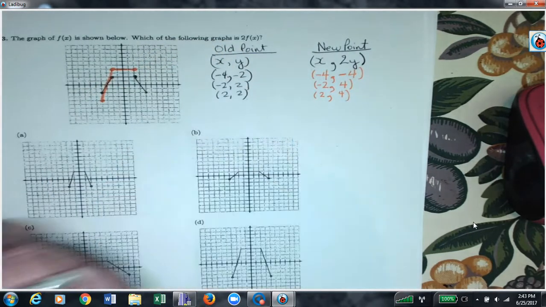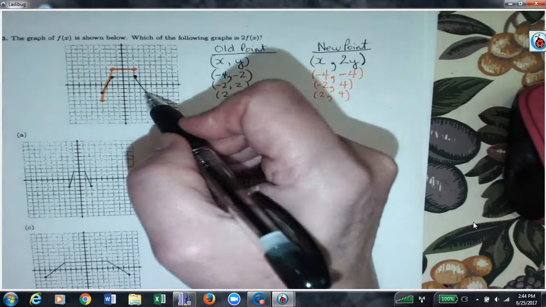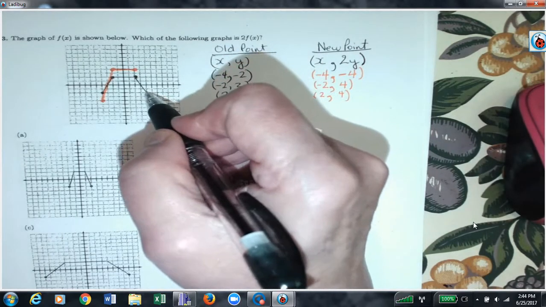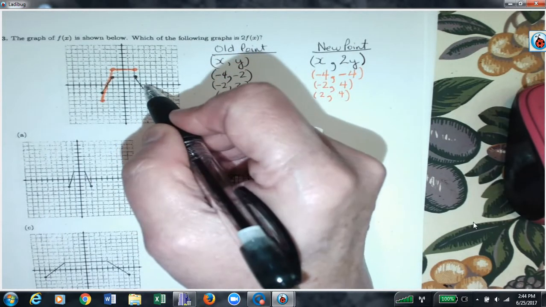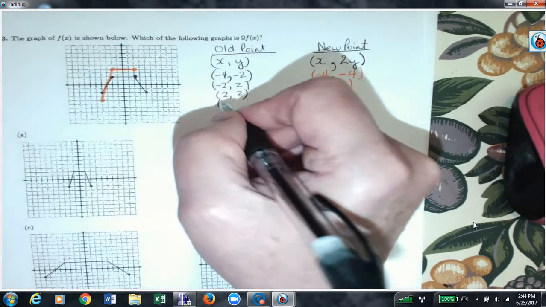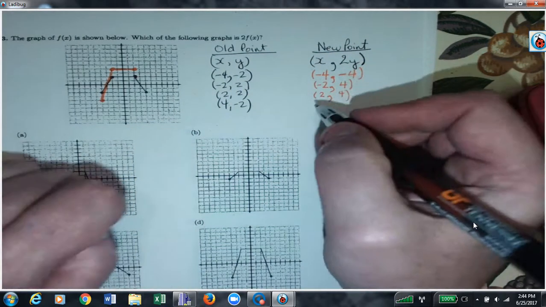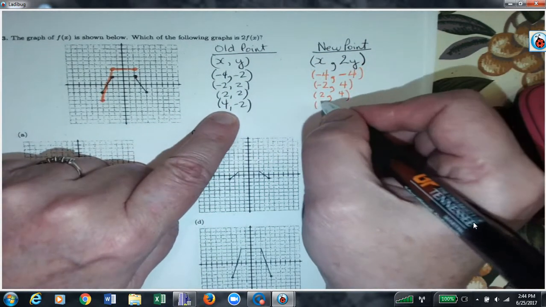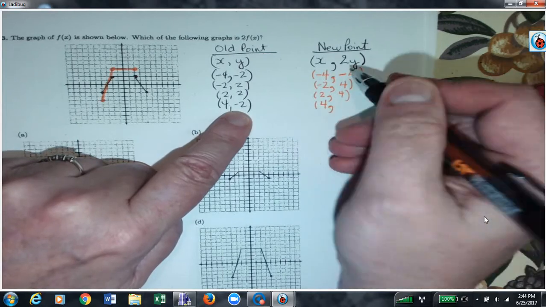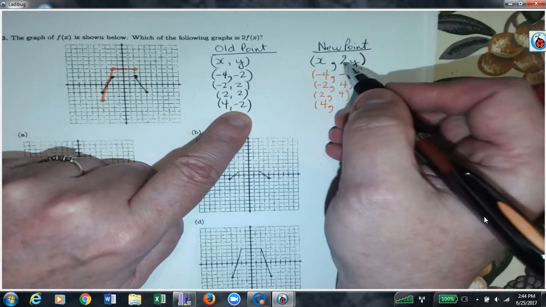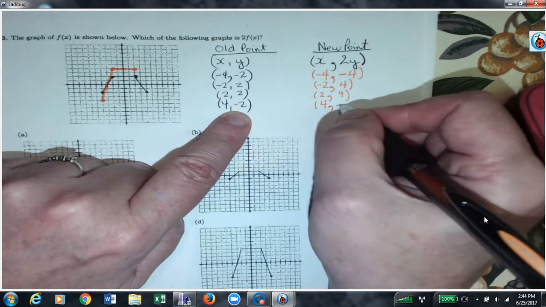And then finally, what are the coordinates of this point? 1, 2, 3, 4, comma, -2. So what will be the coordinates of the new point? It'll be the same x coordinate, but the new y coordinate will be 2 times the old y coordinate.